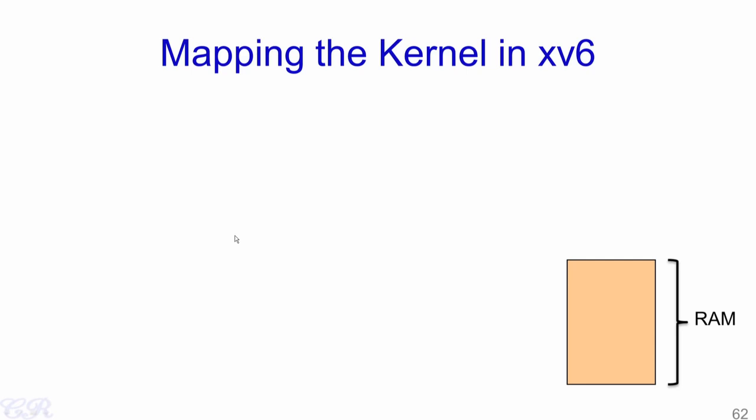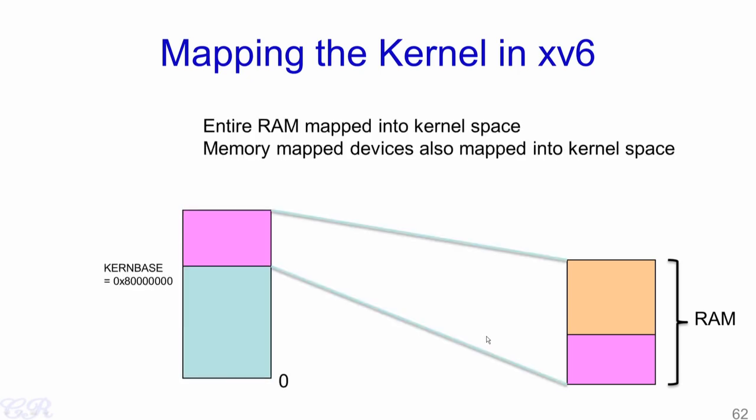As xv6 begins to boot, the operating system kernel code and data gets copied into the lower regions of RAM as shown in this pink shaded region. As the OS continues to boot, page directories and page tables are created such that the entire RAM gets mapped into the higher region of the logical address space.